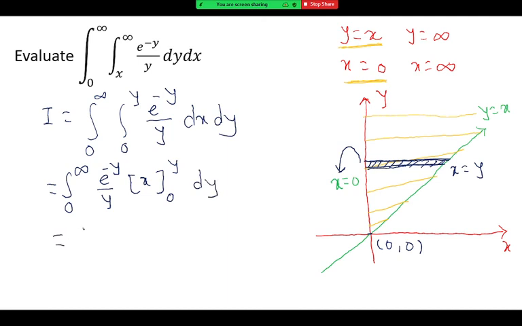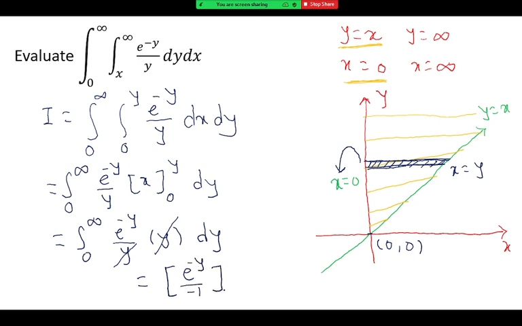Now we can put this limit and we are left with e raised to minus y upon y into y only, and that is dy. You will observe this y, which creates the problem for integration, gets cancelled, and now we can integrate e raised to minus y, and the integration of e raised to minus y is e raised to minus y upon minus 1. And what is e raised to minus infinity?